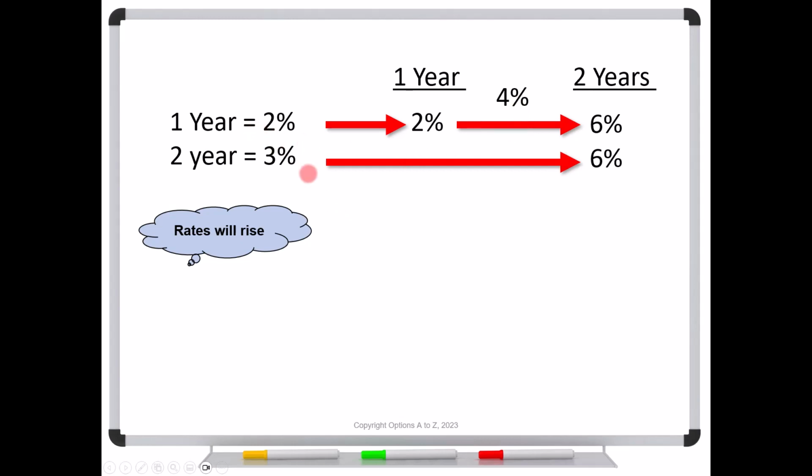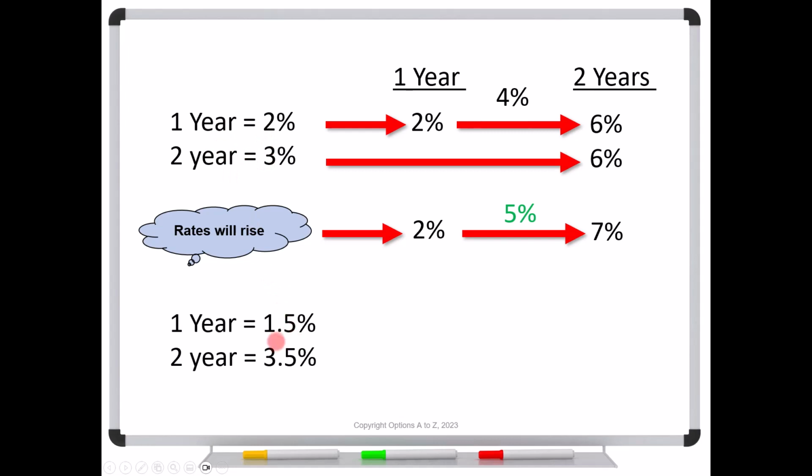They should choose the 1-year bill right here for 2%, and then if they are correct, let's say that they can roll it over for 5%, which would give them a total of 7%, which is certainly better than 6%. So how do we know that that's not true? Well, if it were true, instead of seeing 2 and 3% for the 1 and 2 years, we would see something like this, 1.5% and 3.5%.